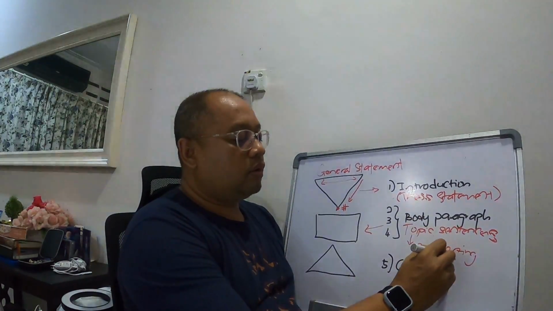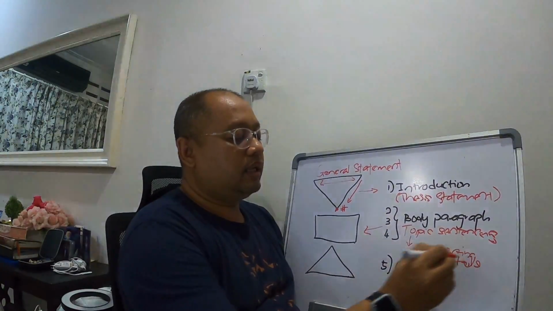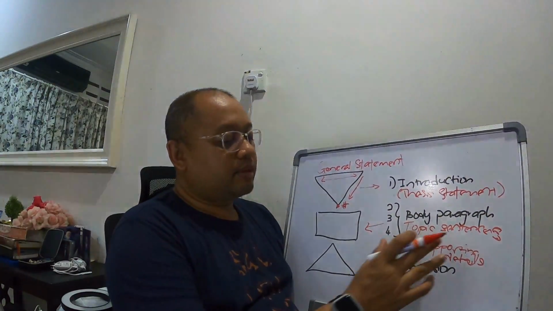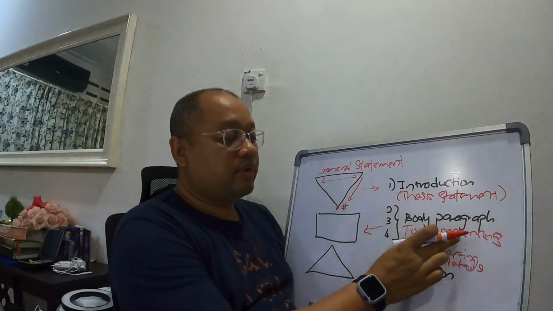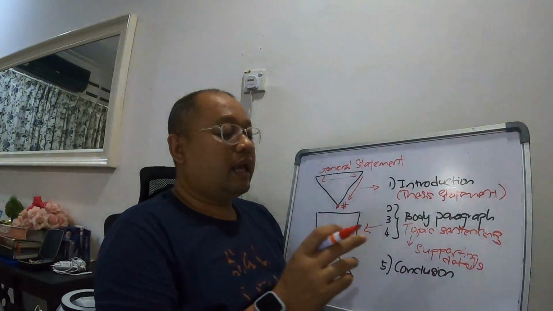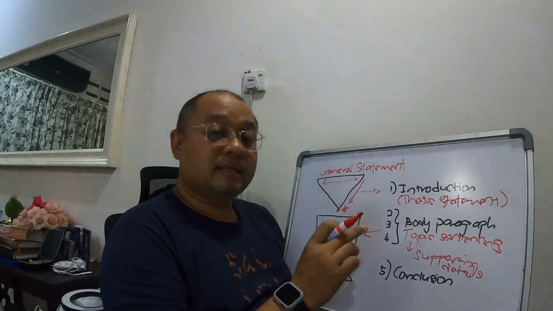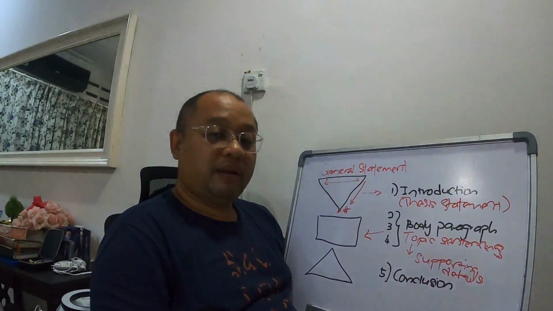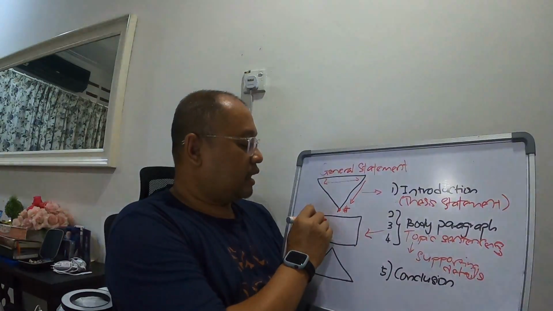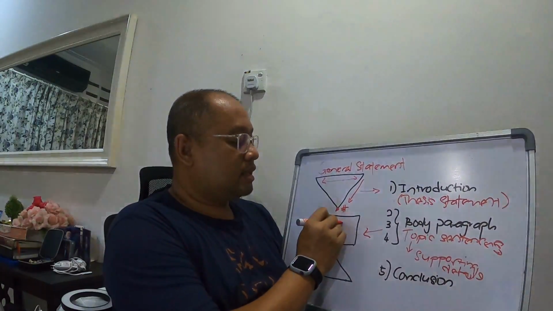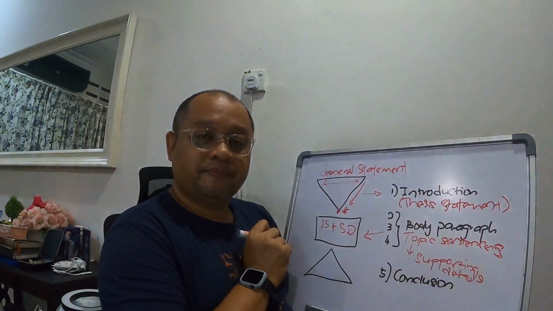Supporting details are the explanation or elaboration of the topic sentence, and you are going to put an example of what you have explained. So this is where you put your topic sentences plus supporting details.